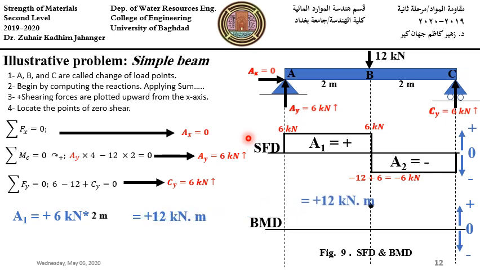So we draw a dot to show the 12 kilonewton meter under B. And we draw a straight inclined line from A to B for intervals of uniform shear intensity. So we say the slope of the bending moment is related to the shear.